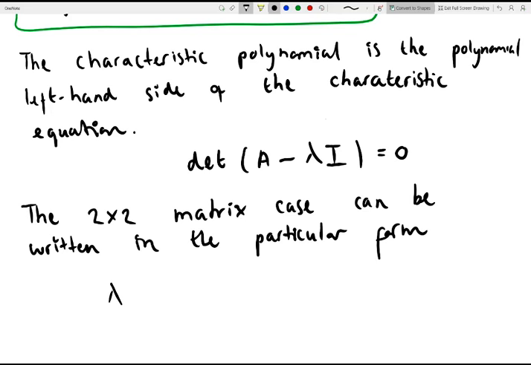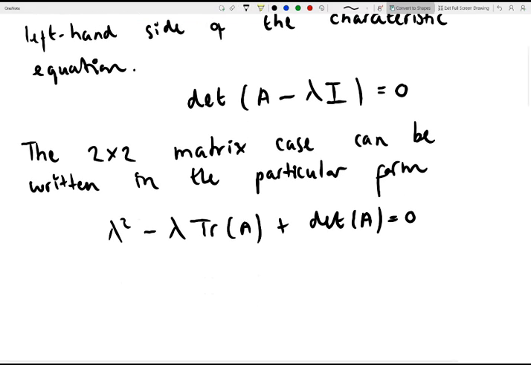And that's the eigenvalue squared minus the eigenvalue times the trace of the matrix A plus the determinant of A. So you don't actually have to calculate the characteristic equation. You can just write down this special form. And in case you don't know, the trace of A is the sum of the diagonal entries.